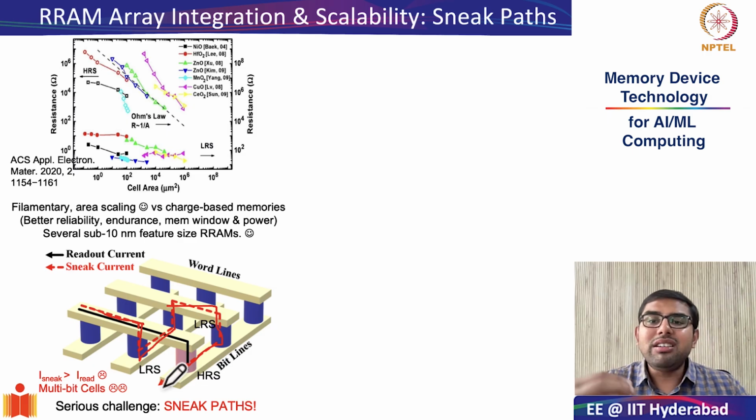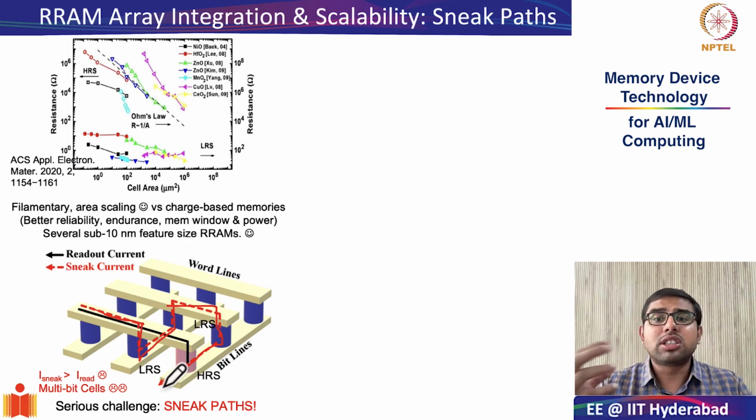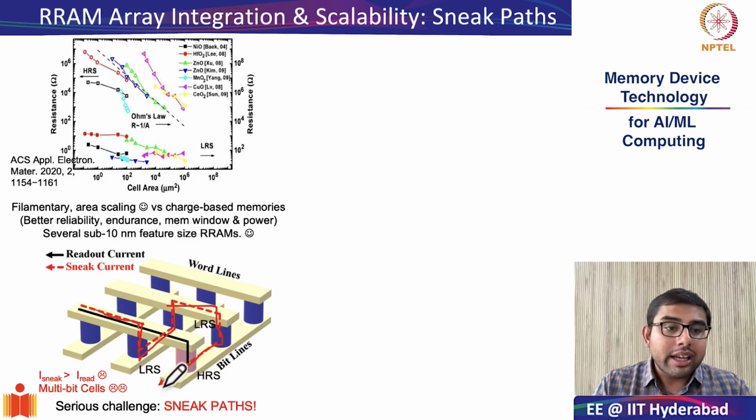These unintended paths, or sneak paths, become a very big source of errors, especially in multi-bit cells, where sometimes the sneak currents can be more than even the read currents. And this is what prevents the large-scale integration of RRAM cells.